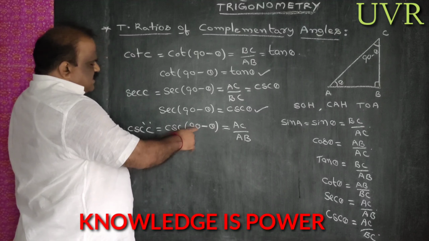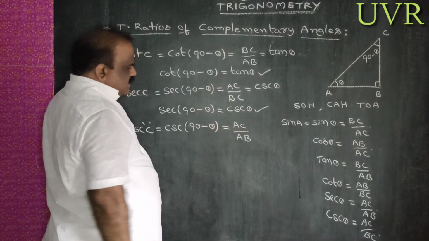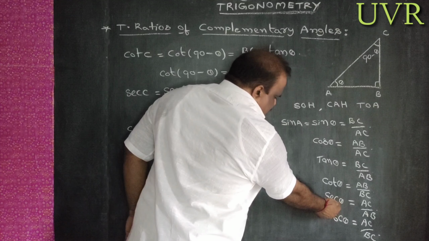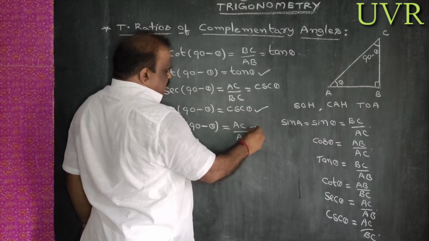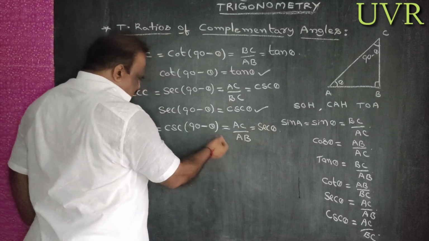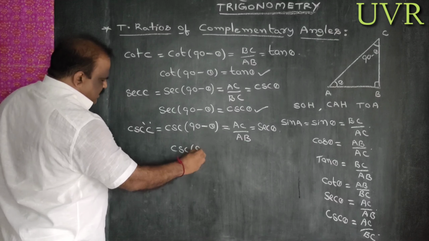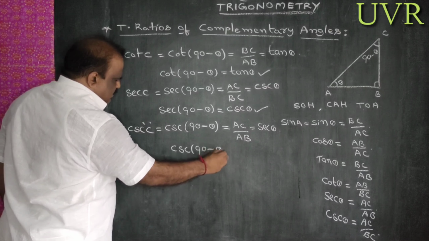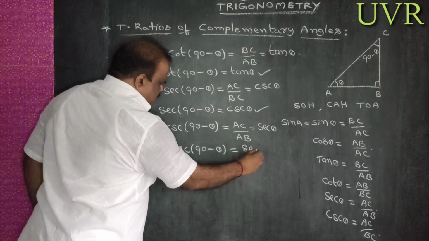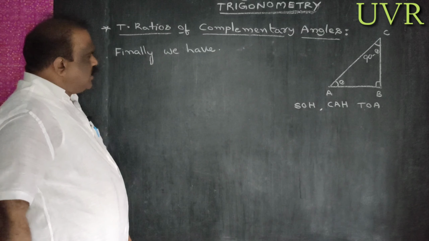So cosec 90 minus theta is equal to AC by AB. Here AC by AB is equal to secant theta. So from this, cosec 90 minus theta is equal to secant theta.